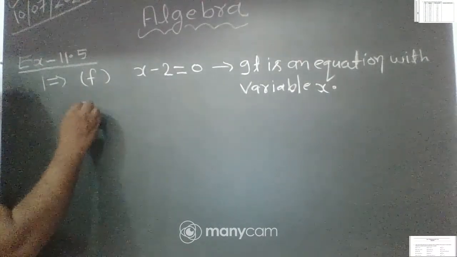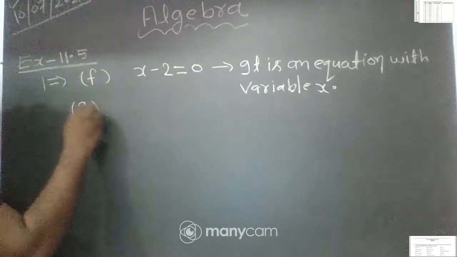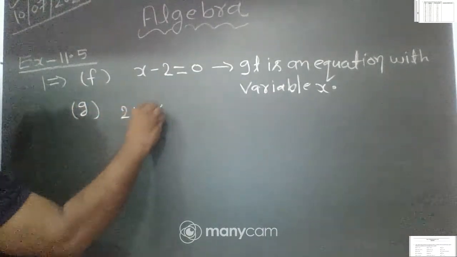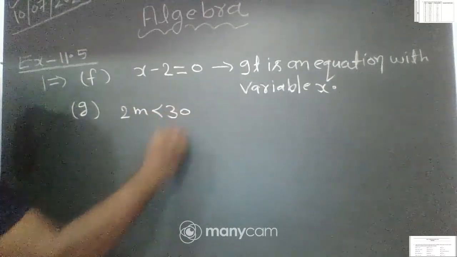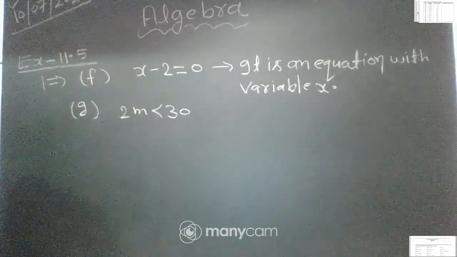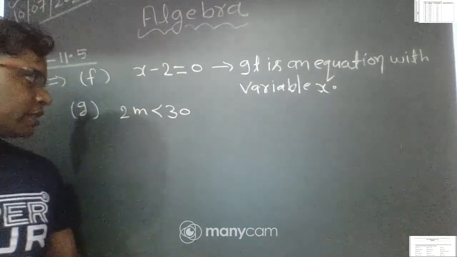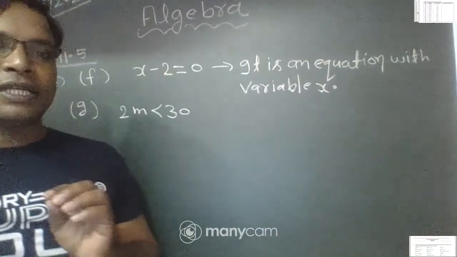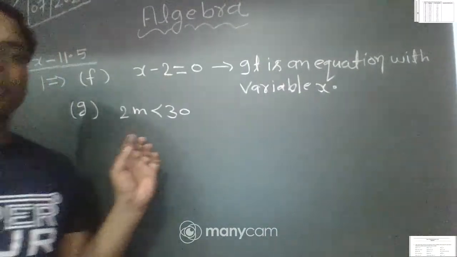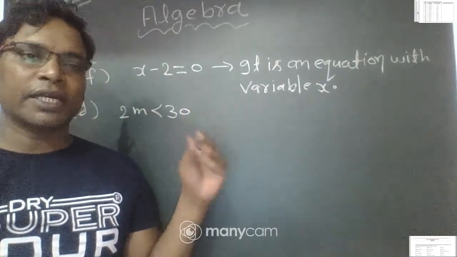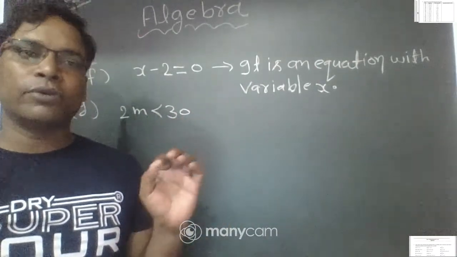Now G part. G part is 2m less than 30. So here you can see the left hand side is less than the right hand side. So you can say this is not an equation, because the left hand side and right hand side are not equal.